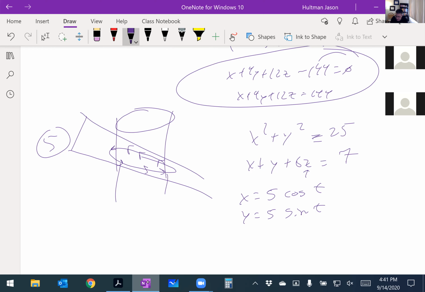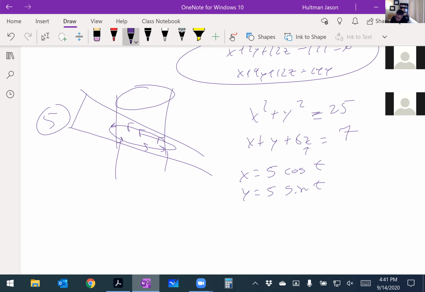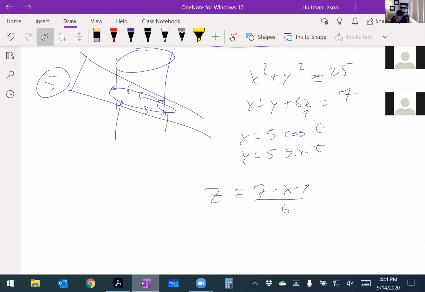I don't have a z for the cylinder. Z can be anything you want it to be. But when I solve for z in the plane, z is equal to 7 minus x minus y, over 6. So this becomes 7 over 6 minus x over 6 minus y over 6. That's my f of x, y.